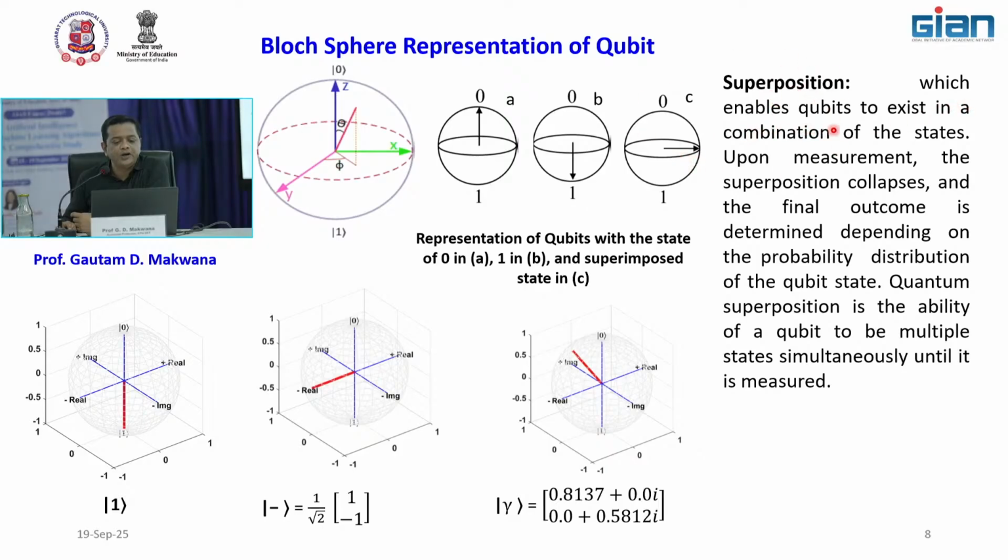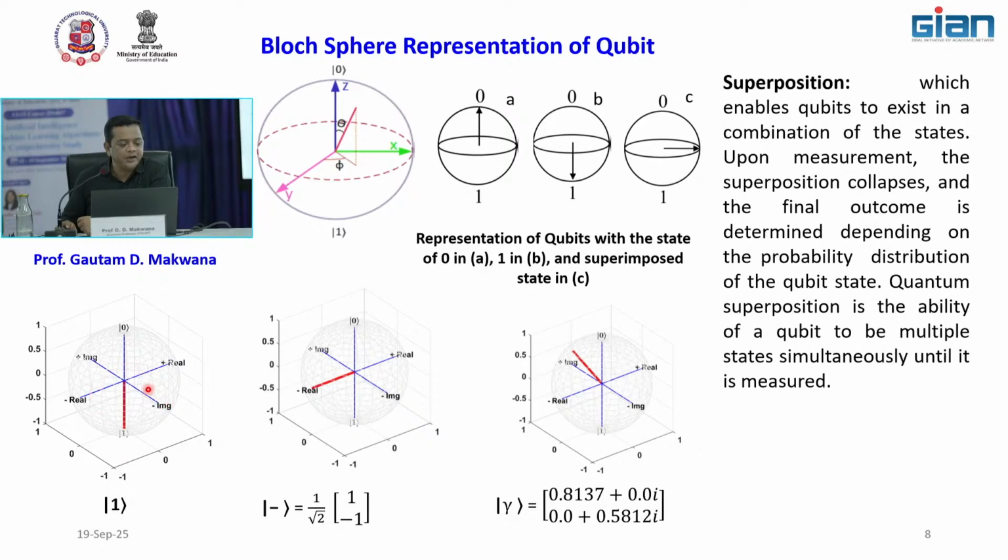It enables the qubit to exist in a combination of states. Upon measurement, the superposition collapses, and the final outcome is determined by the probability distribution of the qubit state. Quantum superposition is the ability of the qubit to be in multiple states simultaneously until it is measured. Superposition is a linear combination of state 0 and state 1, and that is known as superposition.